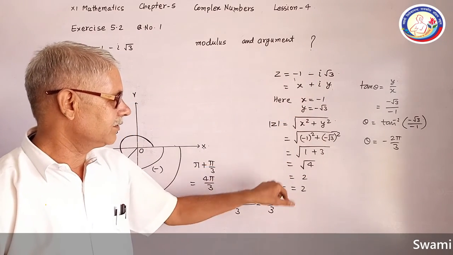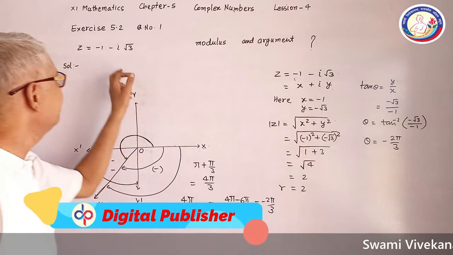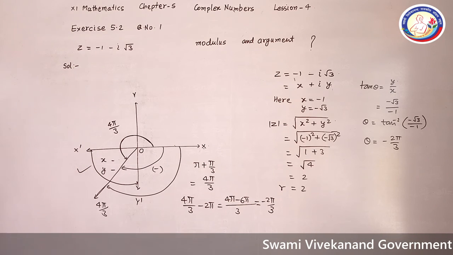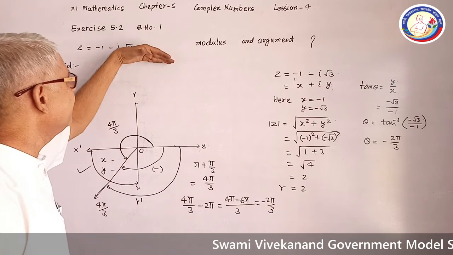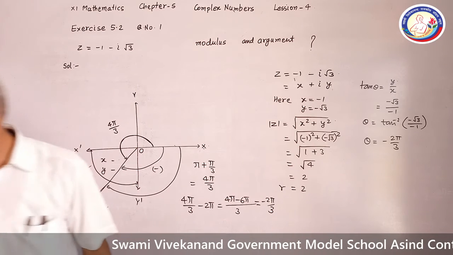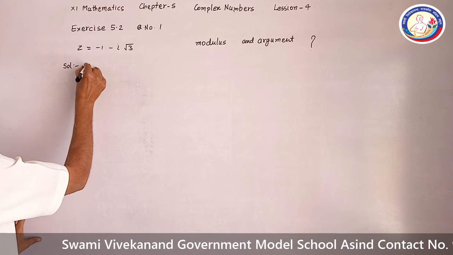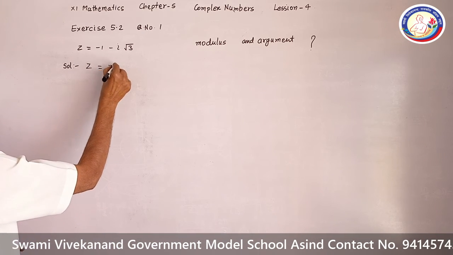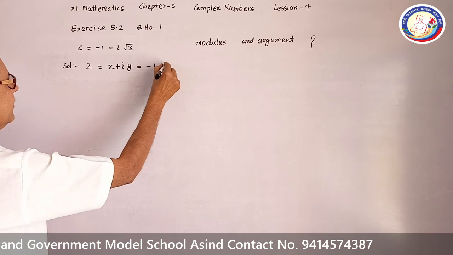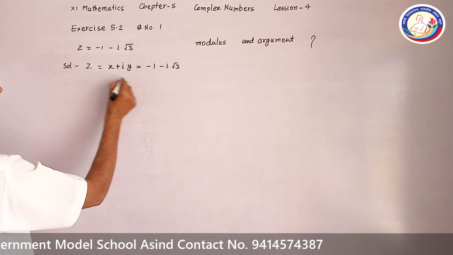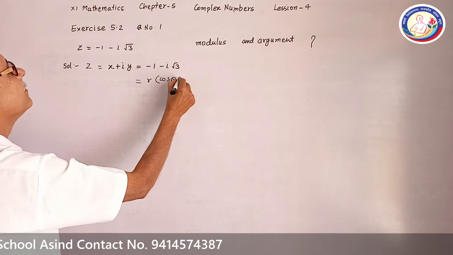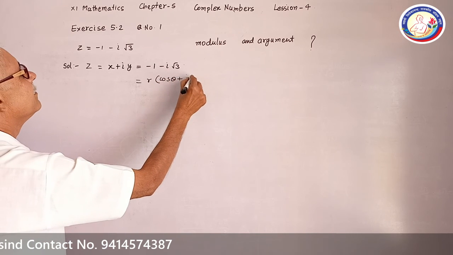This is how we can find the modulus and argument of a given complex number in the form x plus iota y. Now, the second way: we can change this into polar form, and the two results are obvious there. Let z equal to x plus iota y equal to -1 minus iota root 3, and it is represented by r cos theta plus iota sin theta.